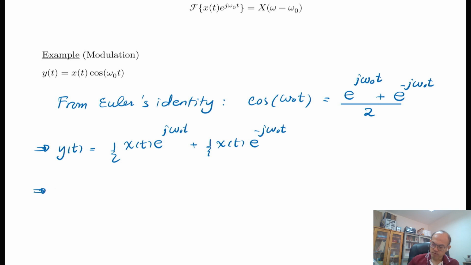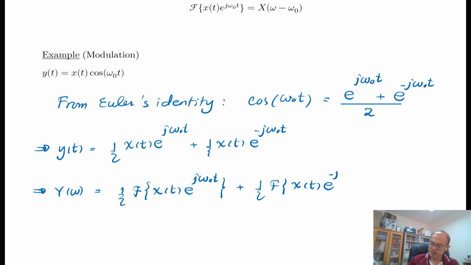So the Fourier transform of y, which is Y of omega, would be, by the linearity, 1/2 of the Fourier transform of x of t e to the j omega 0 t plus 1/2 the Fourier transform of x of t e to the minus j omega 0 t.